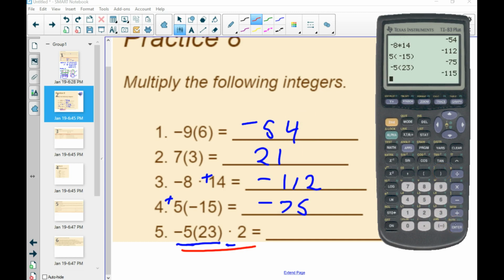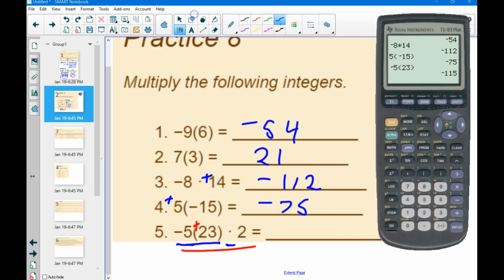Now I'll find out what that number is. And it's going to be a negative number because the signs are opposite. We have a plus right here, an imaginary plus right there, and then -5. So the answer is going to be -115. So down here I'm going to have -115 multiplied by 2. And you see we still have two numbers here right now.